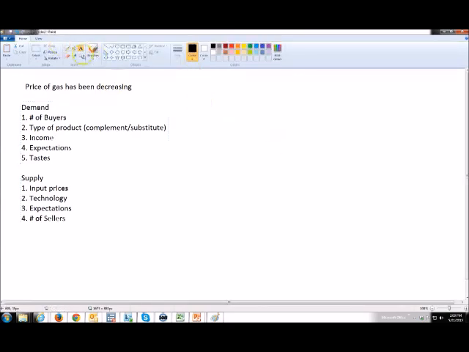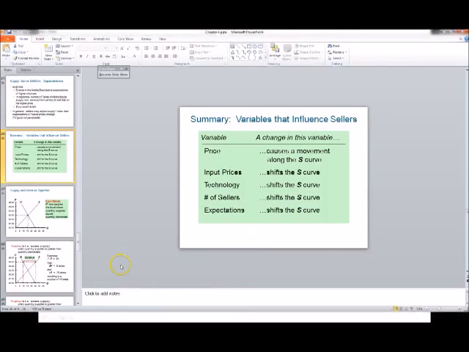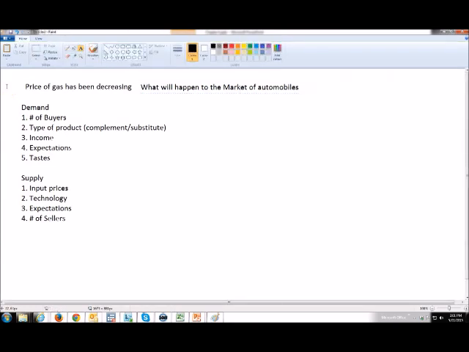So how do we answer this question? First, let's copy the question: what will happen to the market of automobiles? Now we want to note these are the factors that affect demand and supply, and we want to see which one is affected.